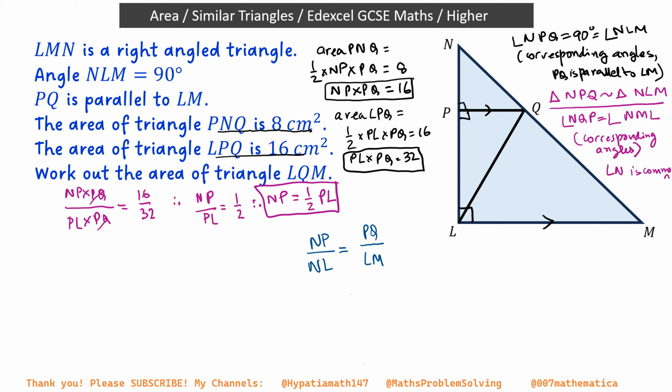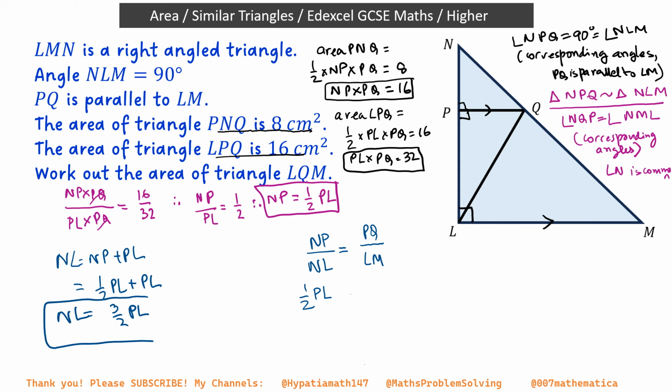And NL is NP plus PL, so instead of NP I can write half of PL, and NL is half of PL plus PL, which is equal to 3 out of 2 PL.